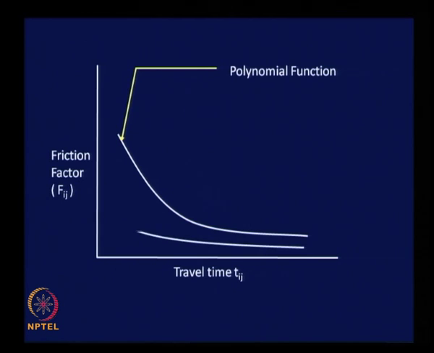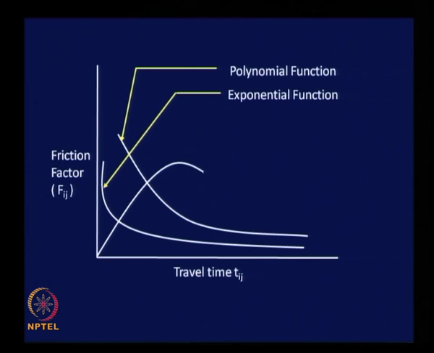And the other function, negative exponential, will have this shape, similar trend, but the slope will be steep at the initial values of Tij, and then it will be almost similar to the previous one. This is a 2 parameter function which will increase initially, reach a maximum and then decrease subsequently.